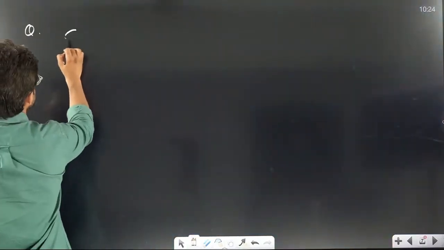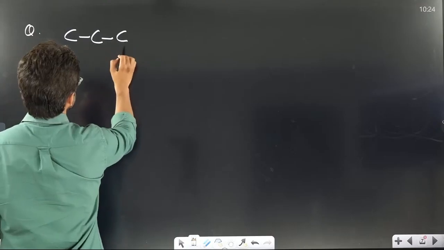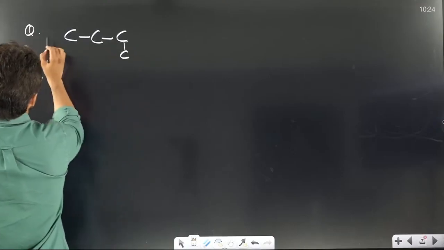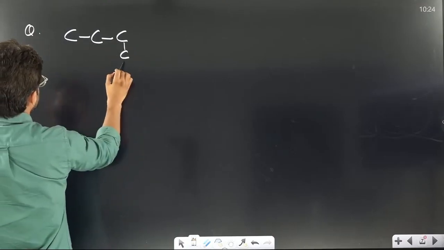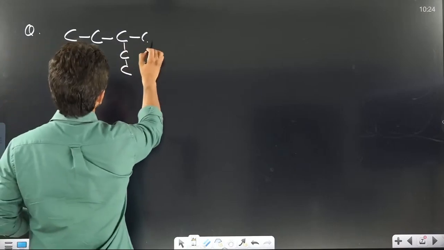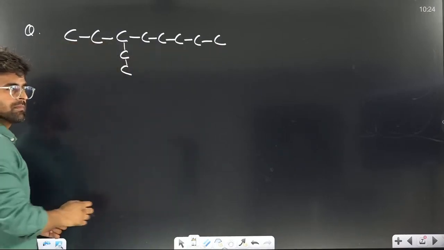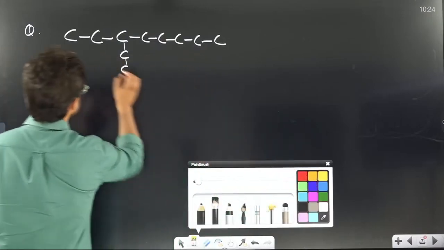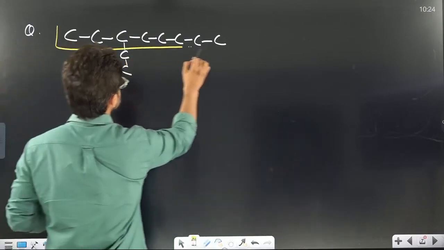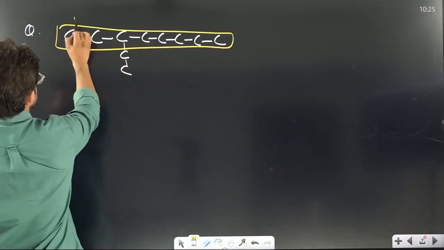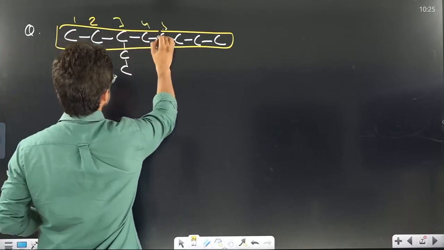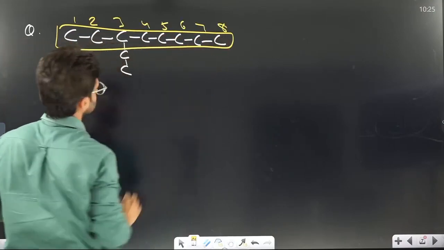Try this one. This time make it right. Don't make mistakes this time. Give me the answer fast. 1, 2, 3, 4, 5, 6, 7, 8.